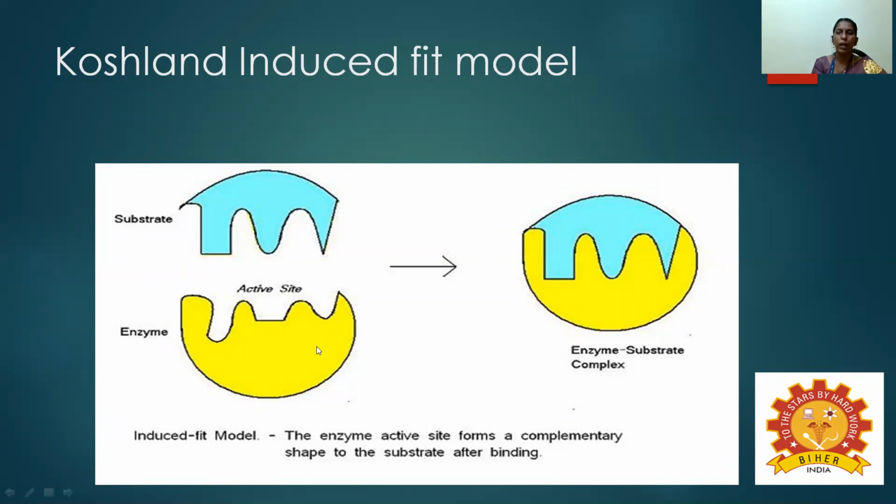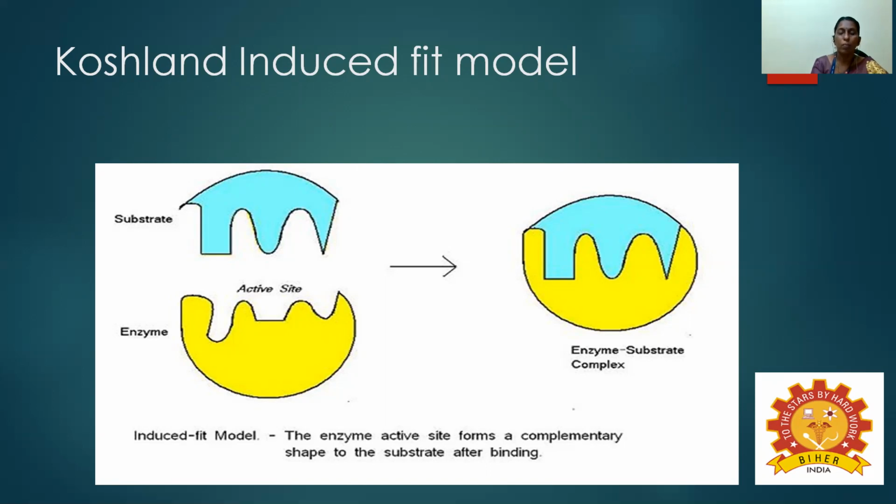Therefore, we have weak interactions, high affinity, high flexibility, and specificity and selectivity present in the binding of an enzyme to the substrate. The binding of the enzyme to the substrate proceeds in the proper orientation and brings about the action. So finally I conclude that the active site of an enzyme plays a key role in enzyme activity.